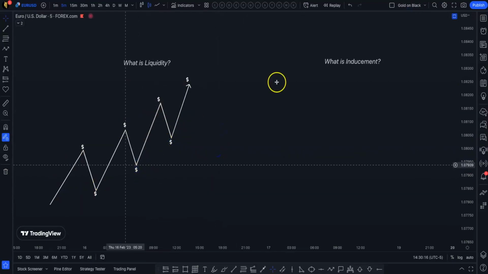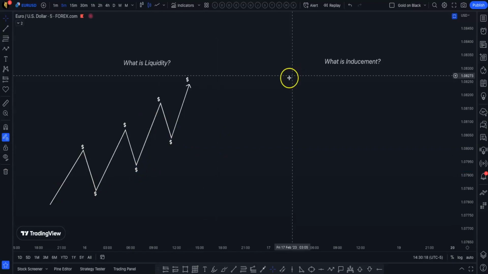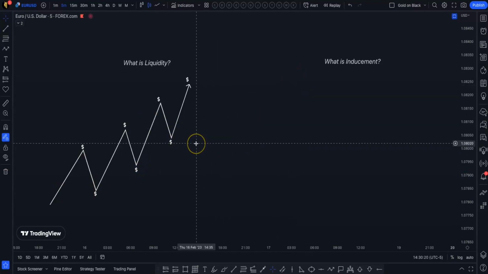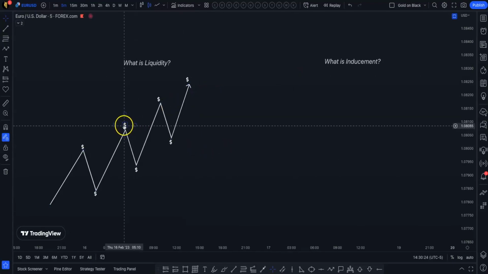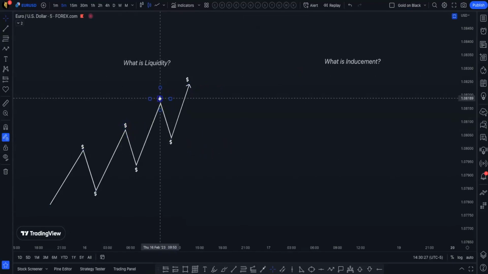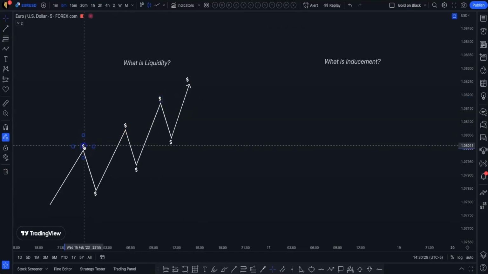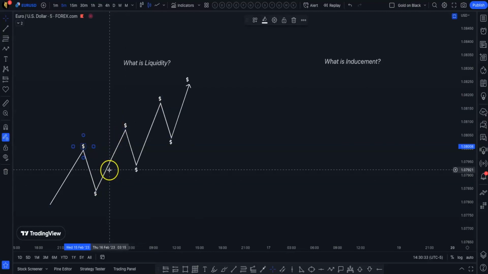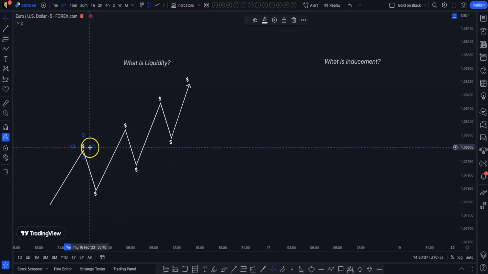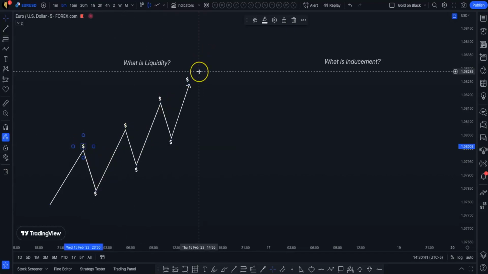And this algorithm that moves the markets up and down works in a way to wipe those and take that liquidity out. Take that money that is sitting in there. You know, the algorithm will make the market move in a certain way to, at some point, eventually wipe those highs, take that liquidity, take that zone, okay?